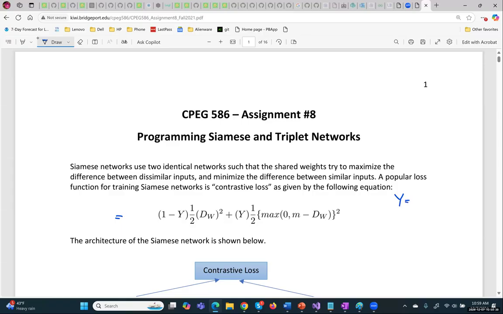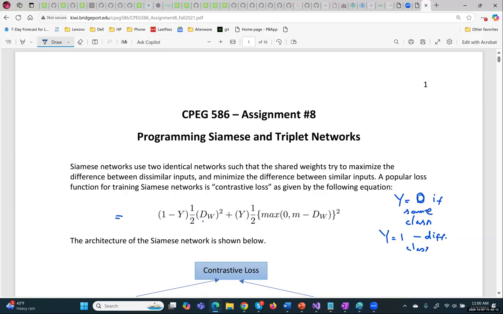Y will be 0 if they are the same class, and Y will be 1 if the two inputs we are giving are of different classes.